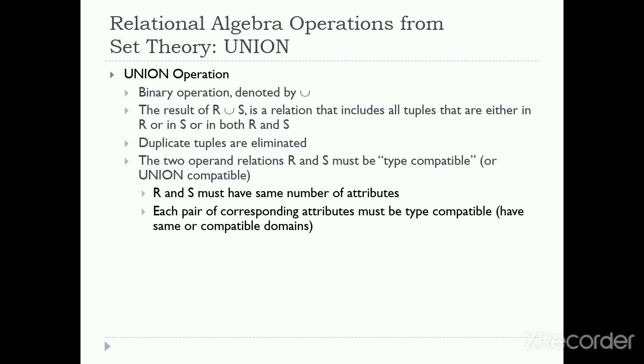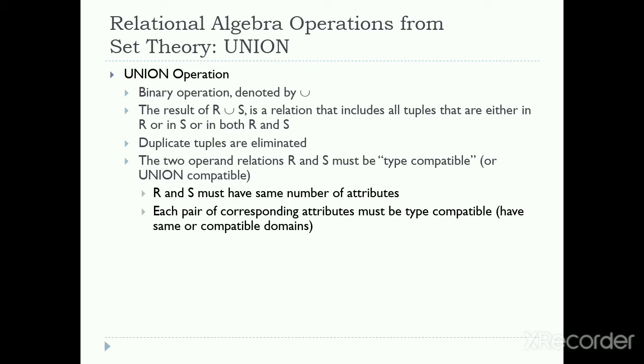Now, one important condition must be satisfied when you are taking the union, intersection or set difference, and that is type compatibility. The two operand relations R and S must be type compatible. What is meant by type compatibility?